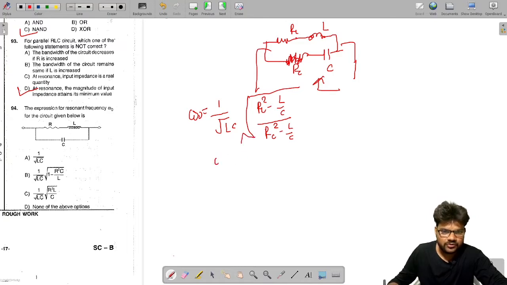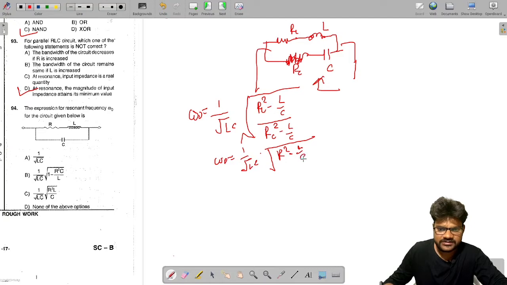Okay. So omega naught equals 1 by root LC into, from this if we check RL, we are given R. So this is R square. This is R square minus L by C divided by RC, which is 0. So this is going to be 0 minus L by C. This entire thing is under root.